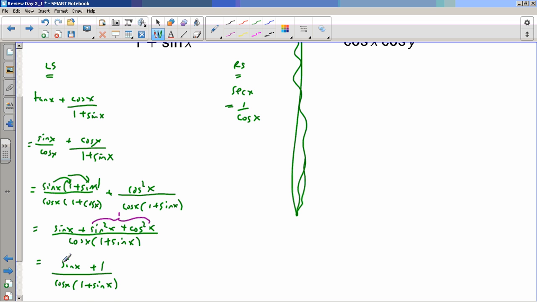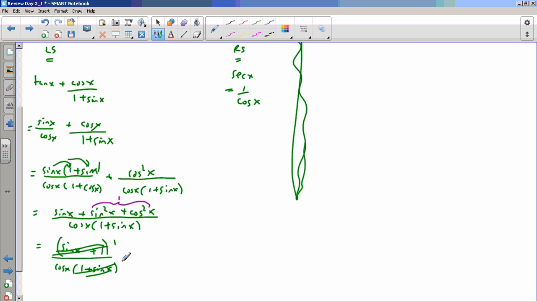Notice that I can't cancel the sine x's because they're terms, but that whole factor, that bracket, I can cancel, and when I divide out, that becomes 1. That's 1 over cos x, and we're done. Identity holds.